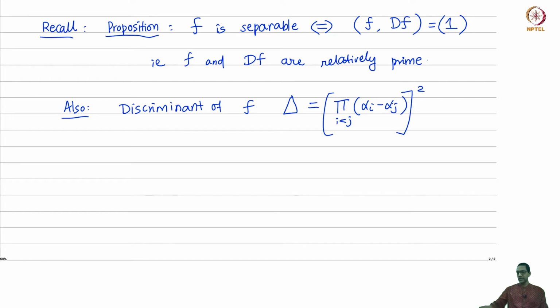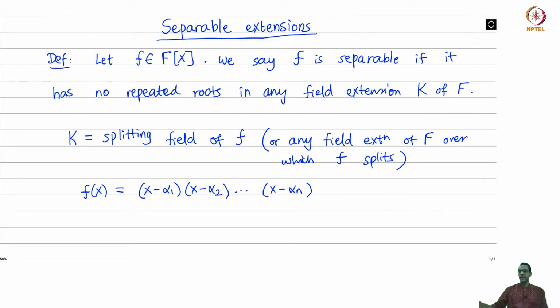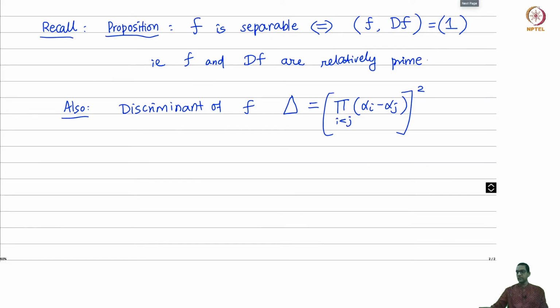As written, this is something you can compute in the splitting field or the algebraic closure, because that's where all the roots are present. A priori the answer is in K, some splitting field, but we know that the function we have constructed here is a symmetric function of the roots, and therefore this will turn out to be some polynomial in the coefficients.